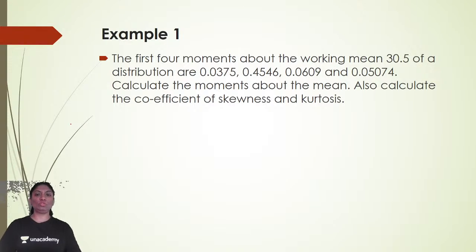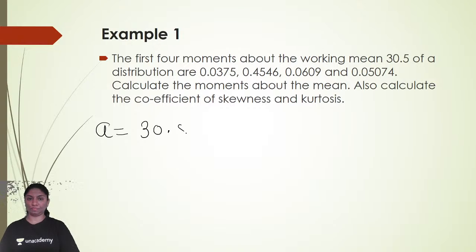Also calculate the coefficient of skewness and kurtosis, that is, we have to find beta 1 and beta 2. So what is given? The mean is given about a point, so A is equal to 30.5.